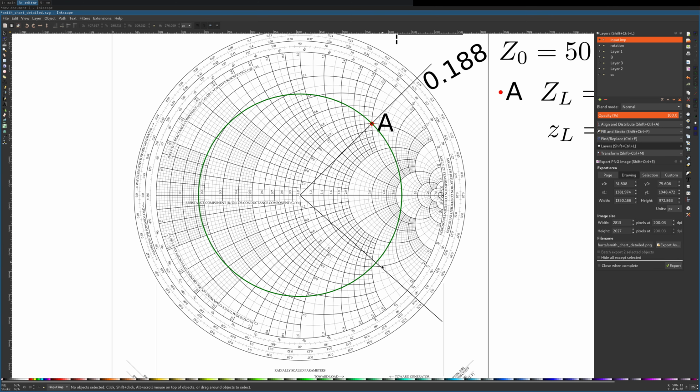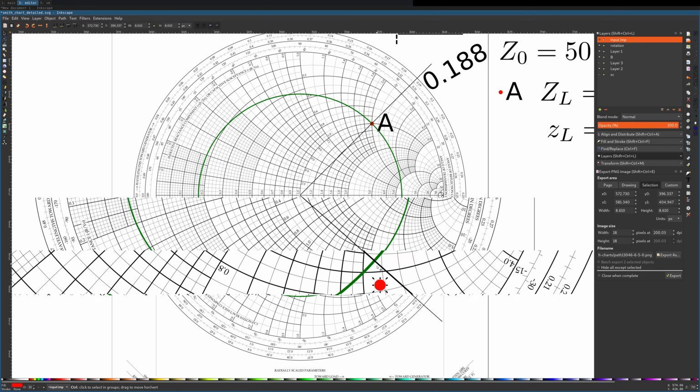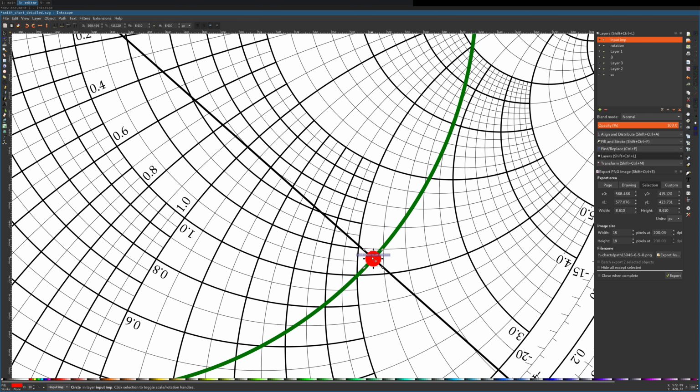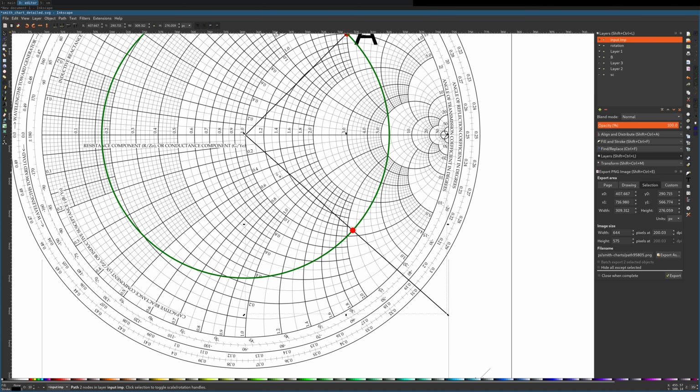Having drawn this line, I can now put a point at the intersection between the green circle, which represents wave impedance in various points on the line, and this other line that represents the location of the input of the line.